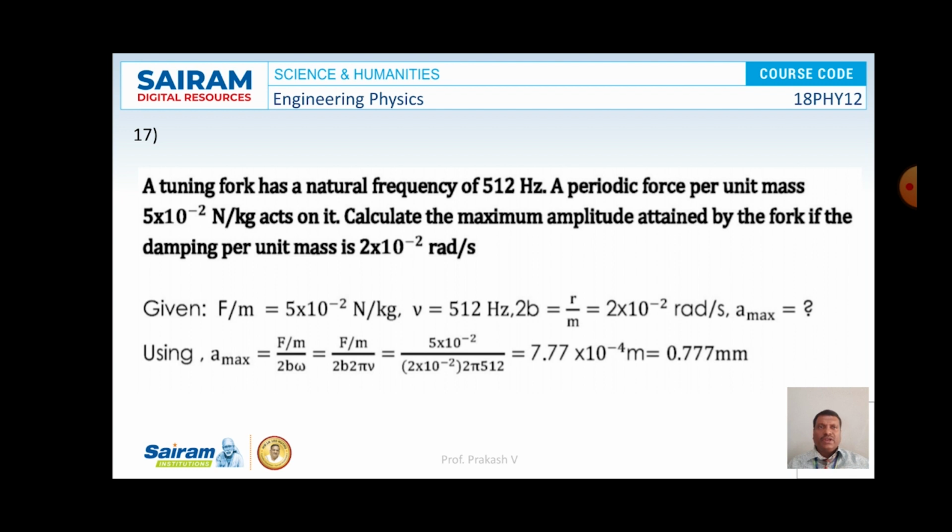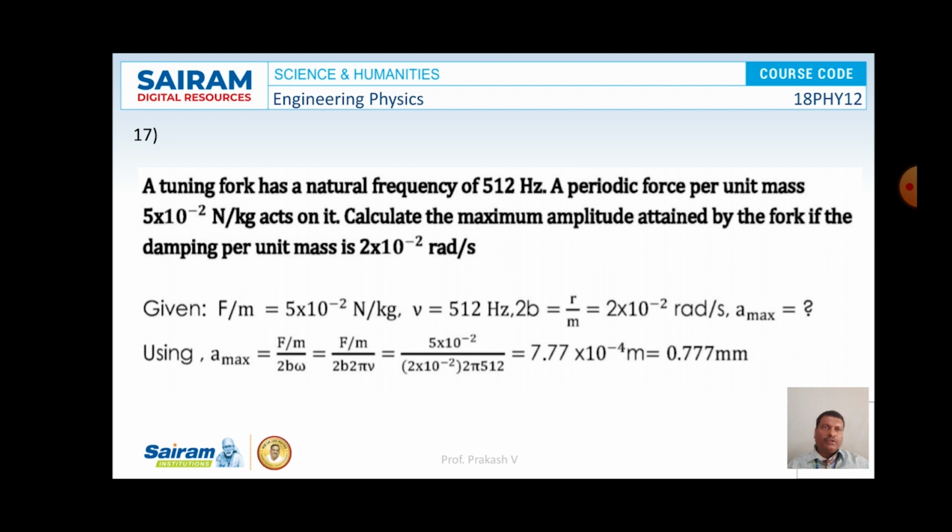So here the given data is F by m is equal to 5 into 10 to the power minus 2 Newton per kg, and the value of frequency mu is equal to 512 Hz, and 2b is equal to R by m, that is equal to 2 into 10 to the power minus 2 radians per second. And what is the value of Amax? So we know that Amax is equal to F by m by 2b omega, or F by m by 2b, in place of mu substitute 2 pi mu.